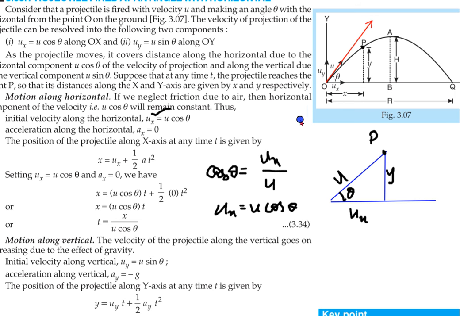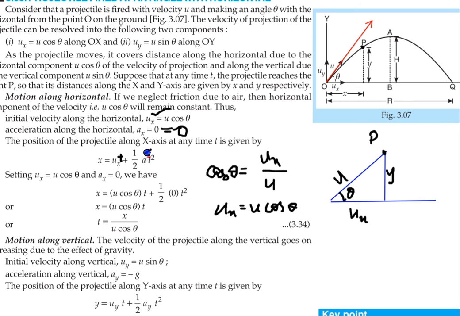Initially, ax means horizontal path. The horizontal path has acceleration 0 because acceleration due to gravity always acts along the vertical. So in horizontal, ax must be 0. From the equation of motion, x equals ux t plus half a t squared.